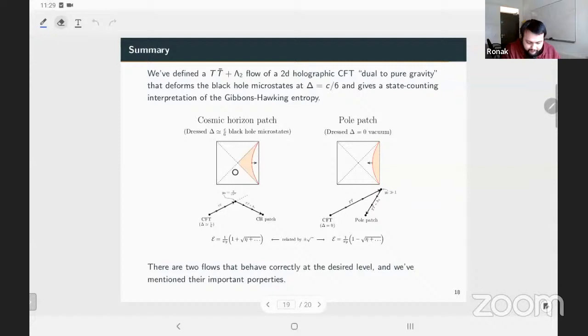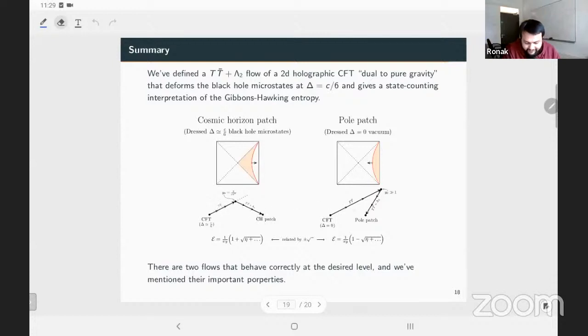You do an S transformation, you end up adding new states dual to a region containing the cosmic horizon. And the deformation that gives you this is you take the CFT, you do TT bar to a finite value, and then add a lambda to term and keep increasing lambda.